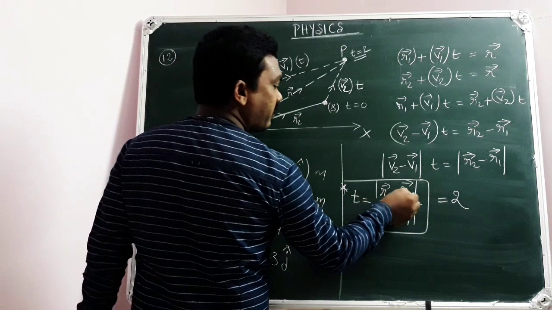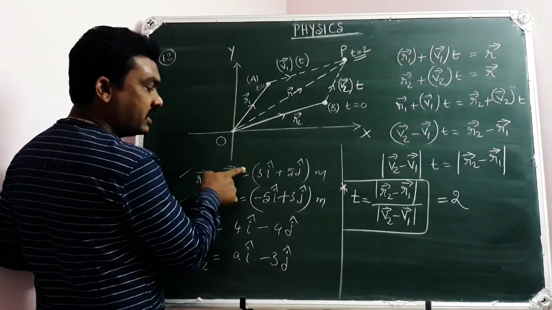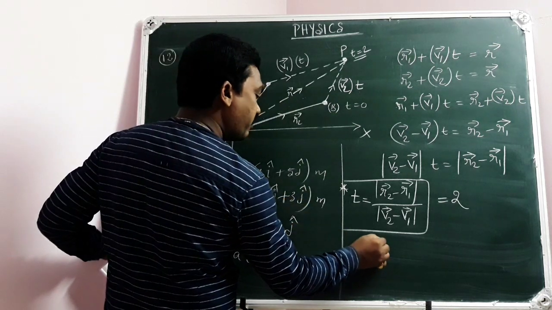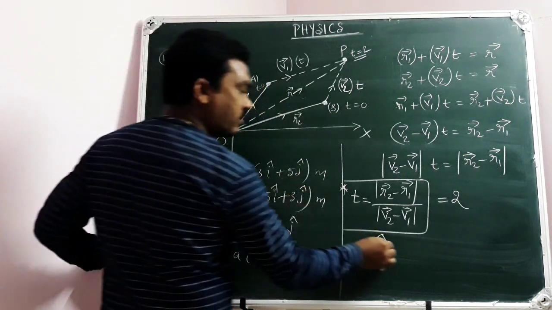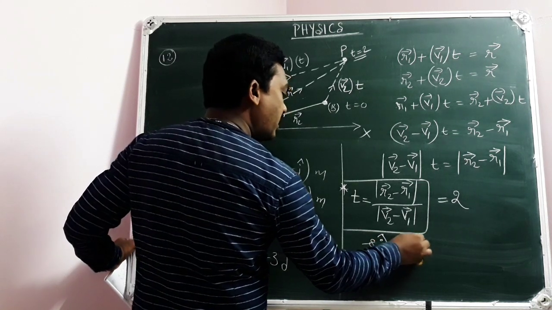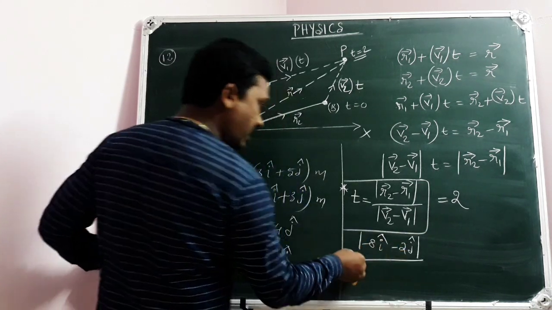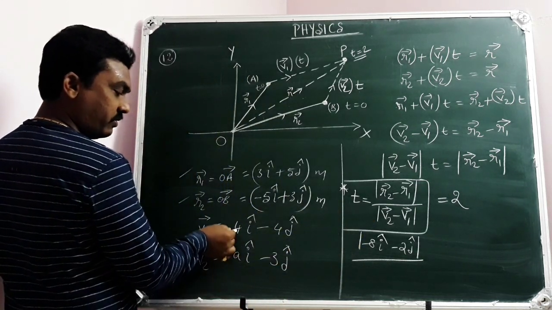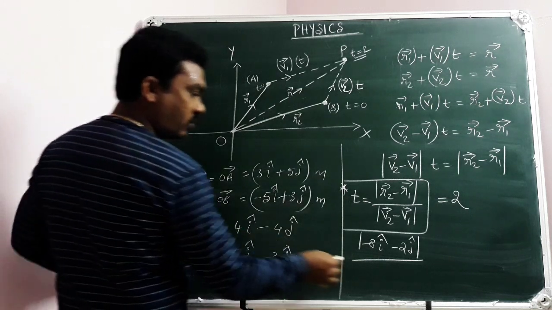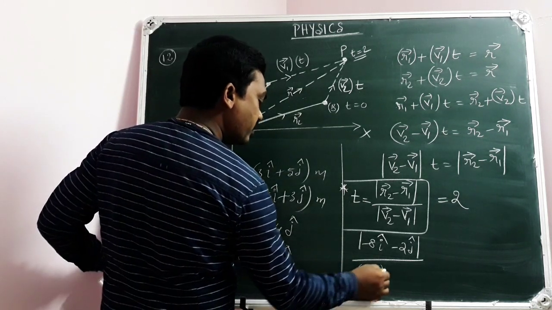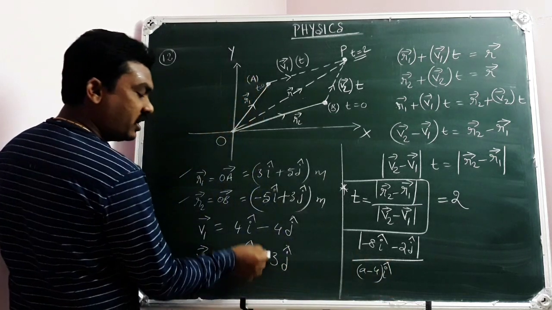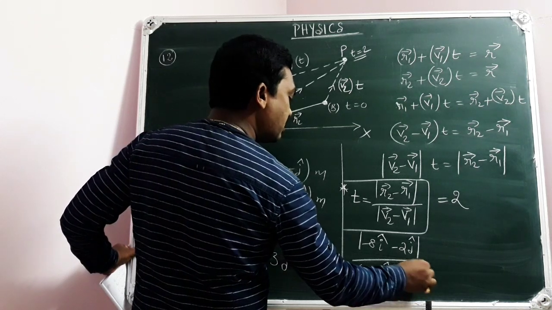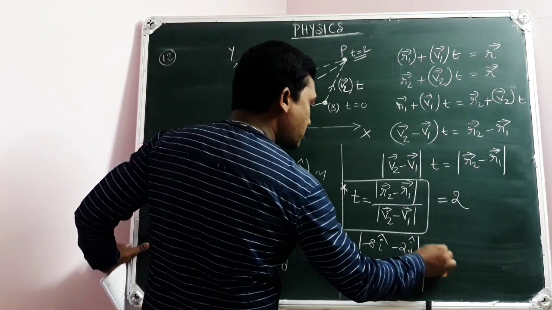Then modulus of r2 bar minus r1 bar, r2 bar minus r1 bar: minus 5 minus 3, minus 8 i cap, 3 minus 5, minus 2 j cap, and its magnitude, by modulus of v2 bar minus v1 bar, v2 bar minus v1 bar: a minus 4 i cap, minus 3 minus of minus 4, so plus 1 into j cap, and its magnitude is equal to 2.